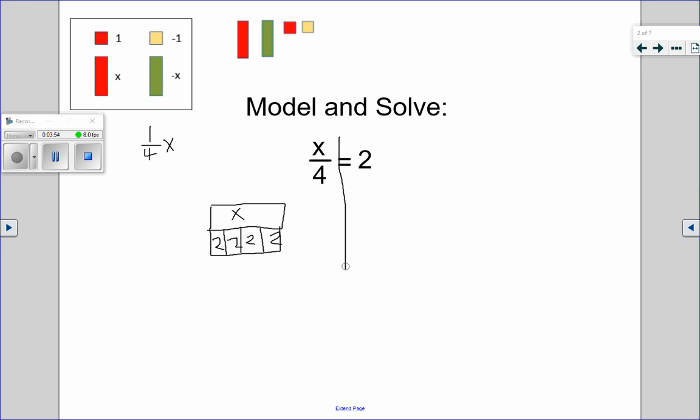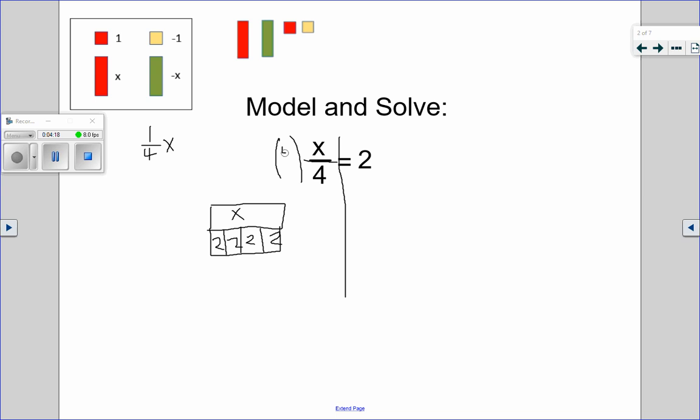Now if I go to solve this using algebra, okay, right here my x is not next to the 4 anymore. It's not being multiplied. This line right here represents division. So I'm going to do x divided by 4. The only way to get rid of that denominator of 4 is by using its opposite operation. The opposite of division is multiplication.